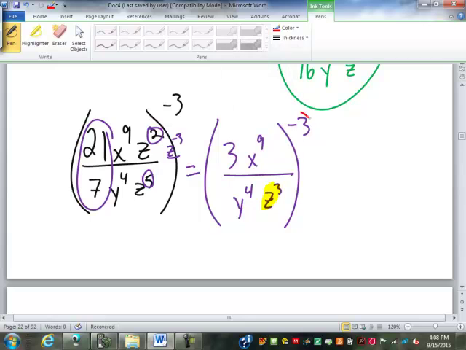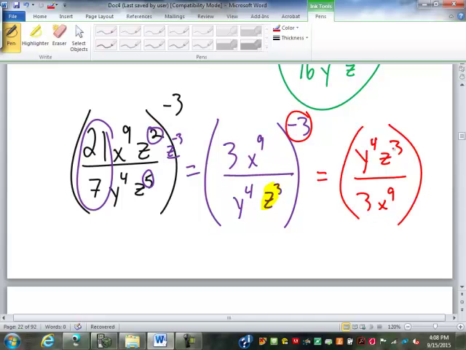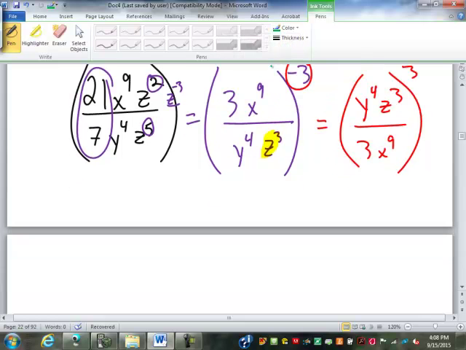Now this is still to the power of negative 3 up here. So now we got to deal with that. What's that going to do? Flip it. y to the 4th, z to the 3rd is now on top over 3x to the 9th. And now it's still to the power of 3. So now what?